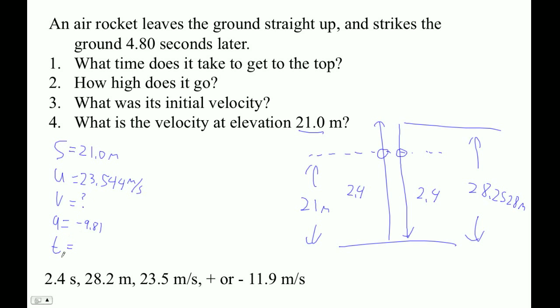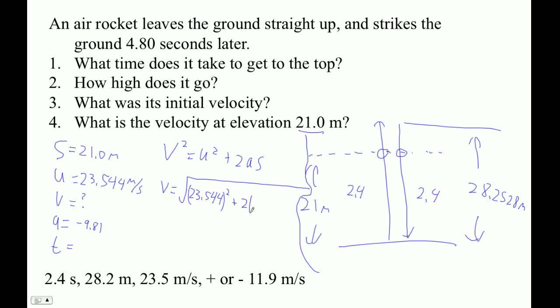Now we want one that doesn't have T because we're solving for V, and that one is V squared equals U squared plus 2AS. It's been a while since I've done this. We're solving for V, so that's easy. V is going to be the square root of 23.544 squared plus 2 times negative 9.81 times 21.